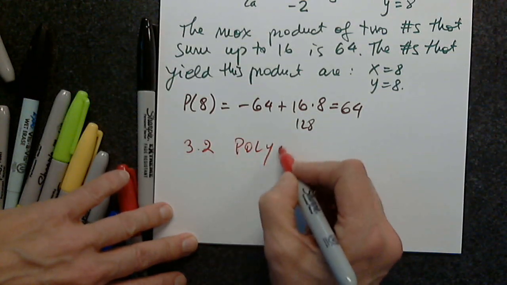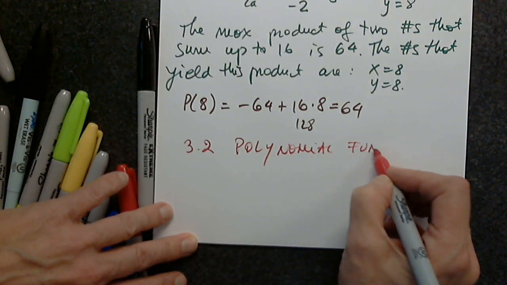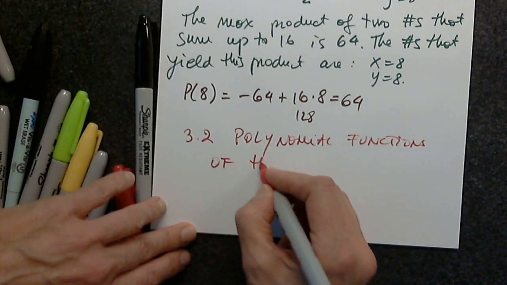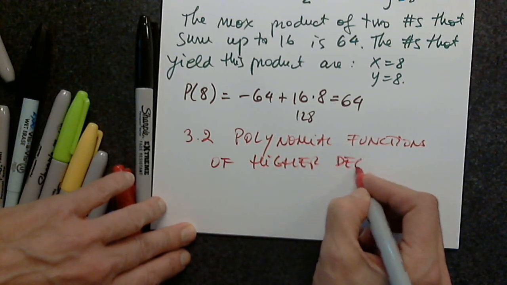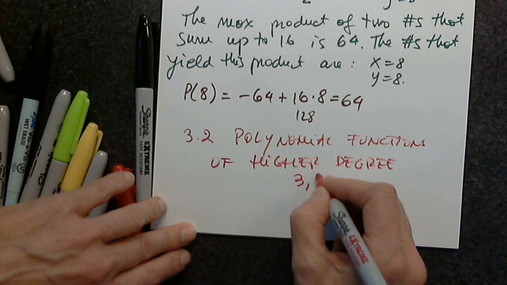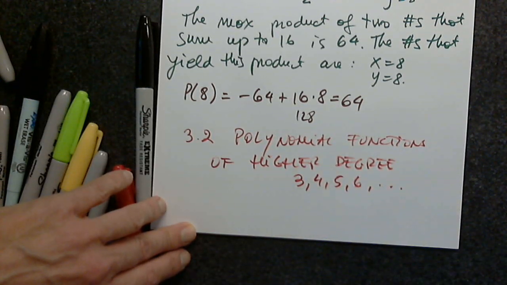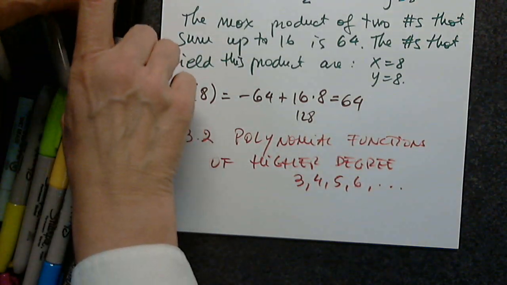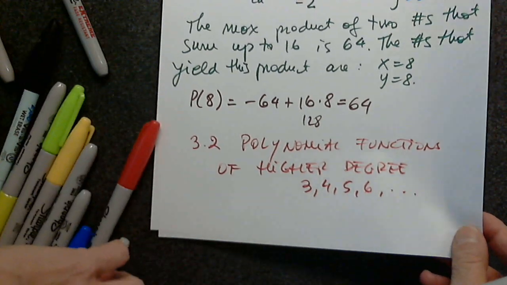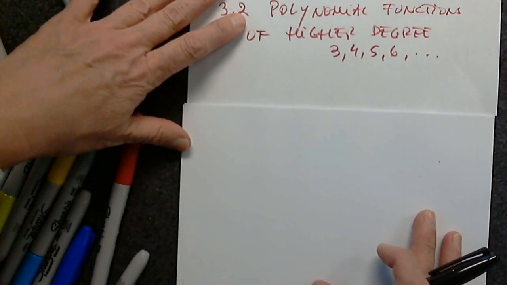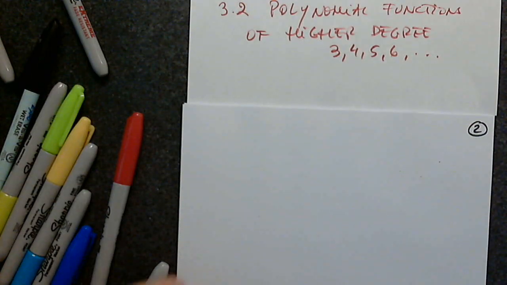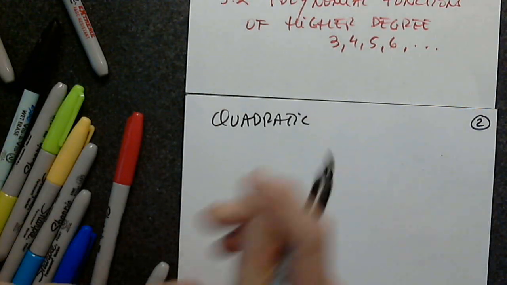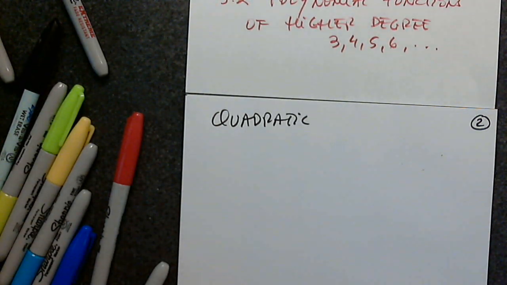So polynomial functions of higher degree than 2. Like 3, 4, 5, 6, and so on and so forth. Because degree 2 was already discussed in the previous section, quadratic functions. Now, if you remember, you don't have to write this unless you want to. For quadratic, we had a long list of 7 items, right?